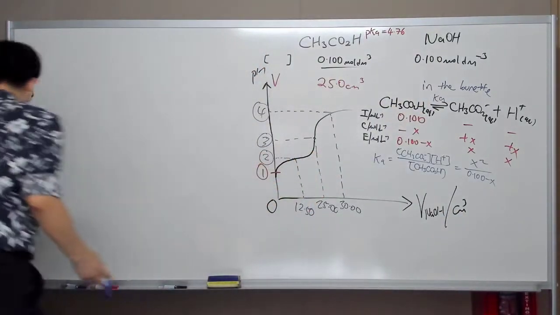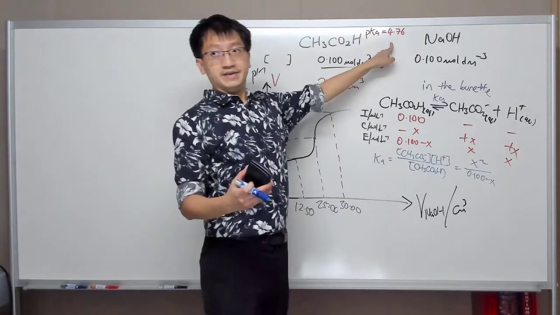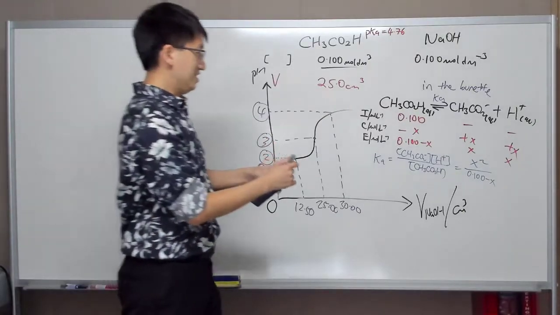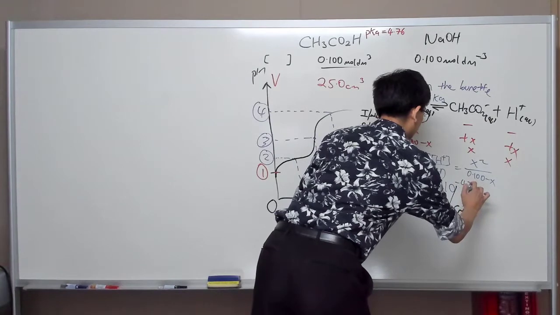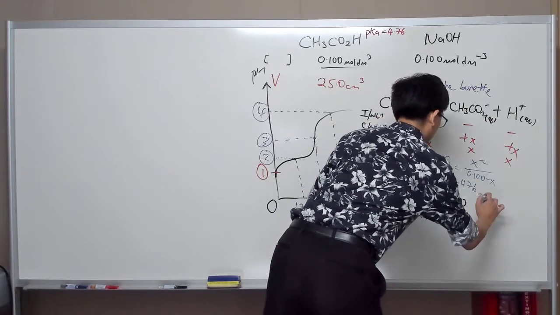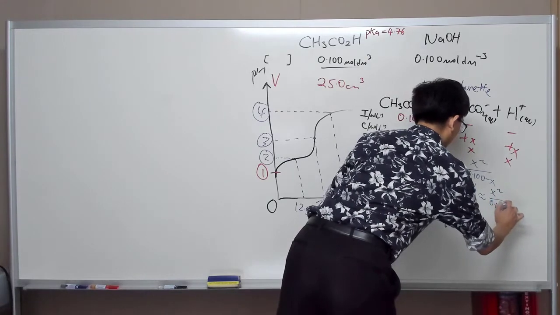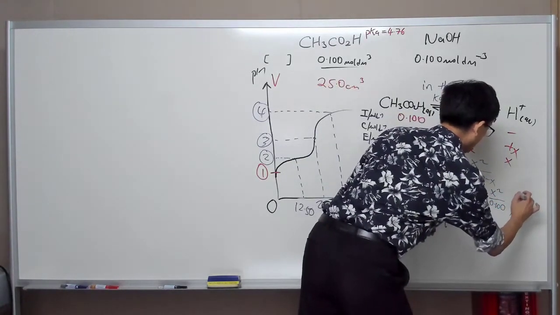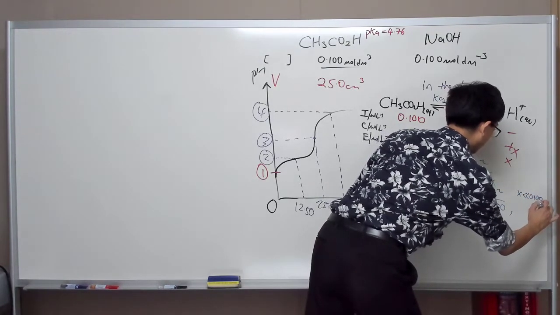Okay, then right now you can take your calculator, because you don't know Ka, but you know pKa. Yeah, so you know the relationship between pKa and Ka, I hope. Right, so in that case, I'm going to have 10 to the power of minus 4.76 is approximately equal to x squared over 0.100. That's because this is assuming that x is much smaller than 0.100 moles per dm cube.